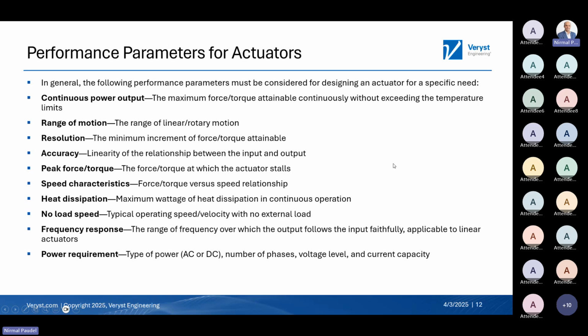Similarly, there is a requirement for heat, and also speed during loaded and unloaded conditions. So it's not just the actuator, but there is a combination of other mechanical equipment in it. There is a damper, there is a spring, there are certain contact mechanisms that create additional forces. They all need to be accounted for, and the actuator should function properly in the combination of those.